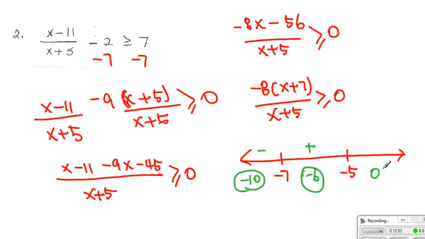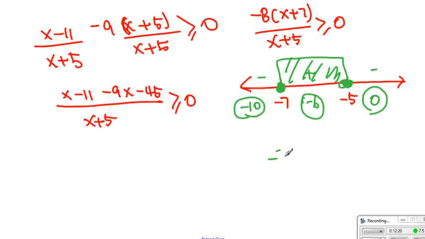And if you have to plug in 0, for example, then we'll end up getting negative. And since we are looking for positive or equal to 0, so this will be our solution. The answer is negative 7 to negative 5 for the values of x.